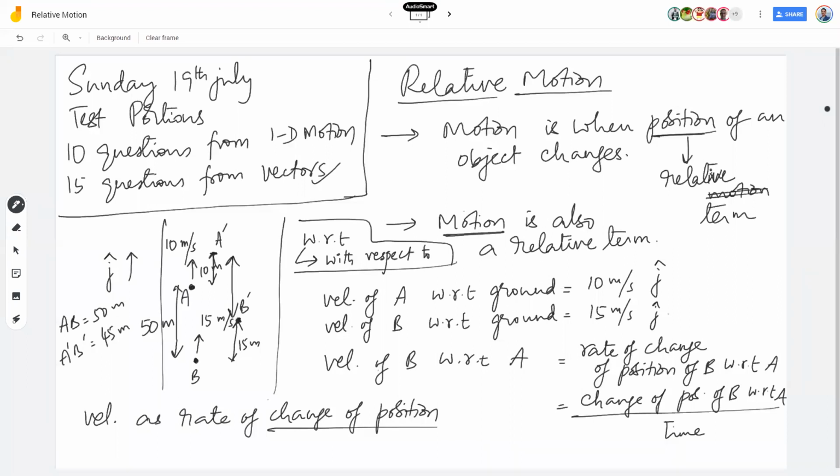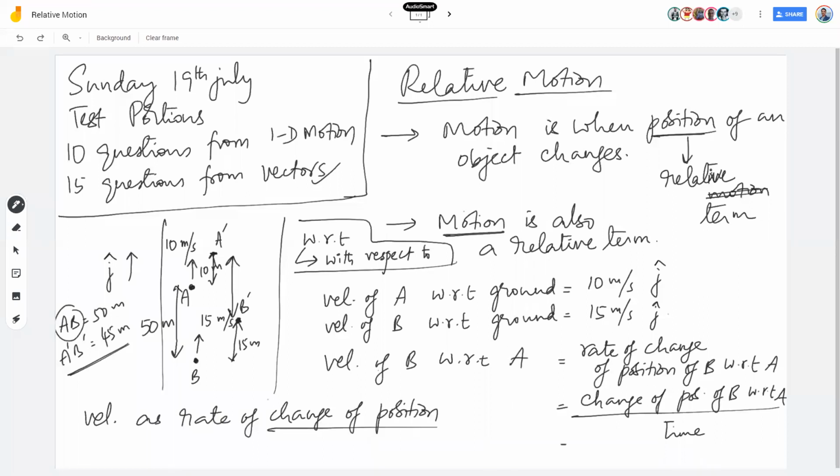But at the same time, A also moved away from B a distance of 10 meters, which means the distance should also increase by 10 meters. So there is a decrease of 15 and an increase of 10. So there is a total change of 5 meters. So the new distance between A dash B dash is 45 meters. So relatively, the position of B with respect to A has changed by how many meters in 1 second?